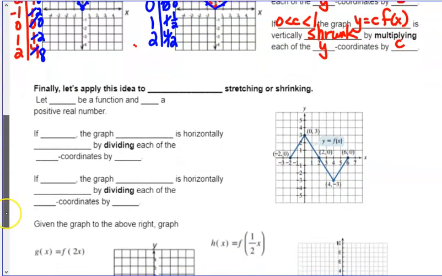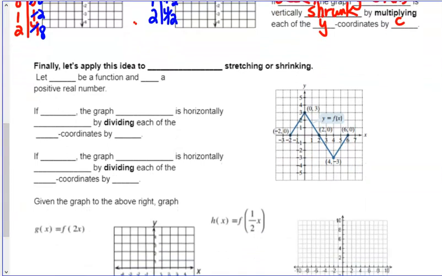Okay? All right, now finally, we're going to be looking at a horizontal stretching or shrinking. And this is not, as always, widely used, but it is a common pattern as well. So we're going to let f be a function, and c, and we're not going to investigate this. I'm just going to tell you how it works when you are looking at the numbers coming on the inside with our function.